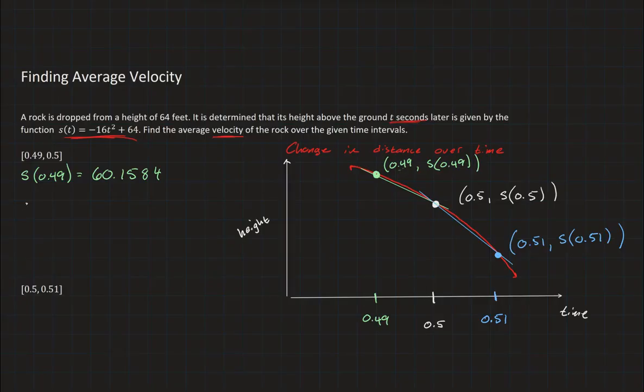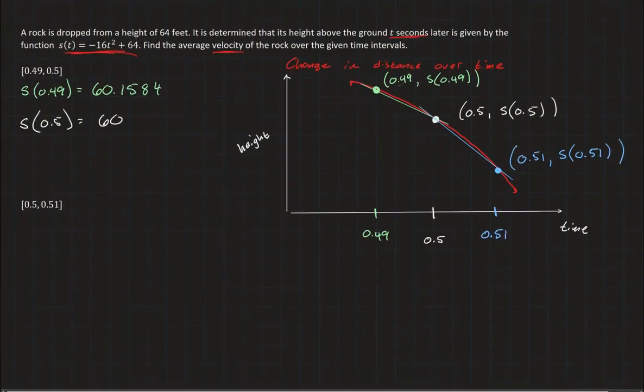Now I need to measure the height of the rock at 0.5 seconds, so half a second later. If I evaluate my function at 0.5, I'm going to get exactly 60. So at half a second, my rock has dropped exactly 4 feet, because half a second after it's dropped, it's at 60 feet. That's what the interpretation of that is.